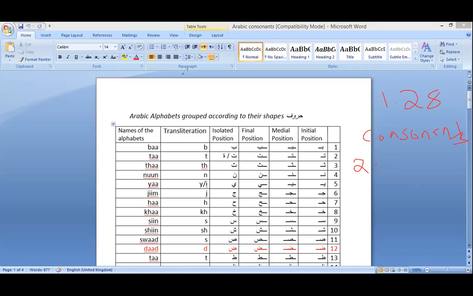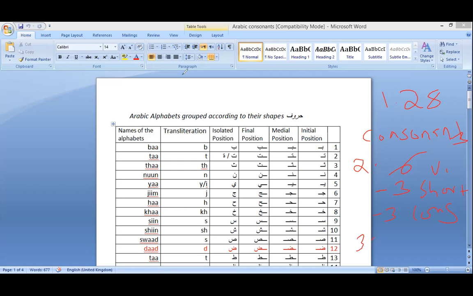Okay, Arabic has 28 consonants, meaning 28 letters, 28 alphabets. And it has also 6 vowels. Of these 6 vowels, 3 are short and 3 are long. So 3 short vowels and 3 long vowels.